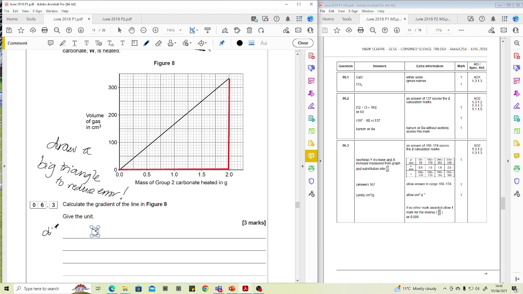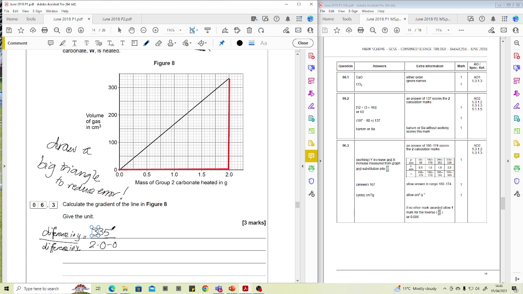So difference in y, sorry, over difference in x equals 335 over 2.0.